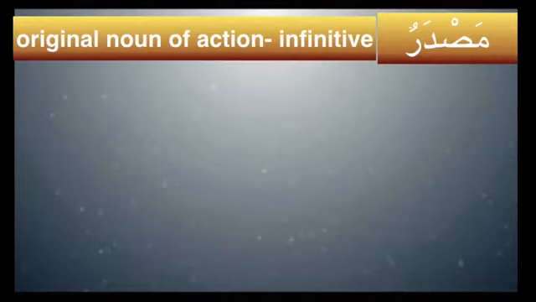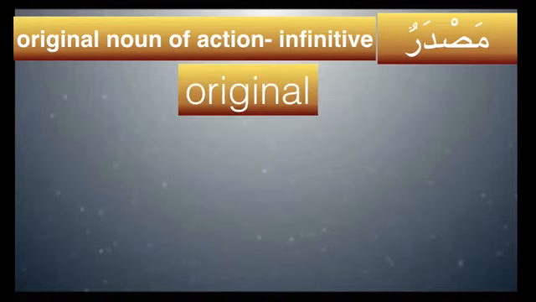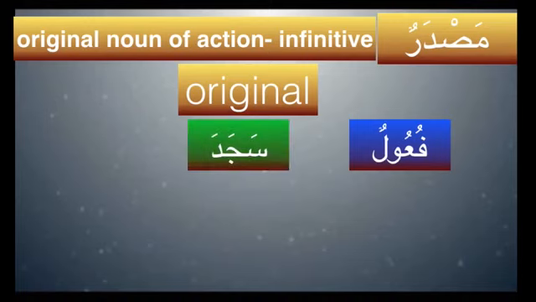So what is masdar? If you want to describe it in English, it is an original noun of action, or it is called an infinitive. So the meaning of masdar in English is origin, or original, which means if you take a pattern fu'ulun, for example, if you take sajada, sujudun, the base form of the letters is sajada.